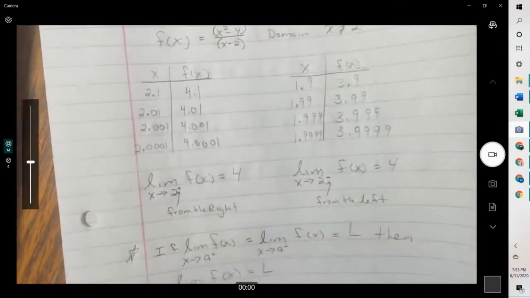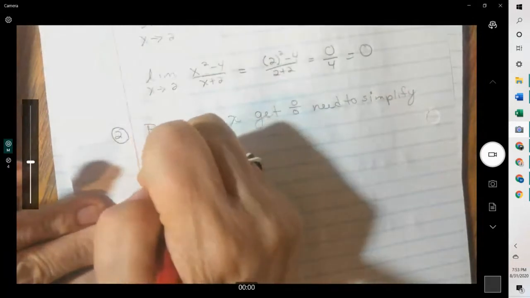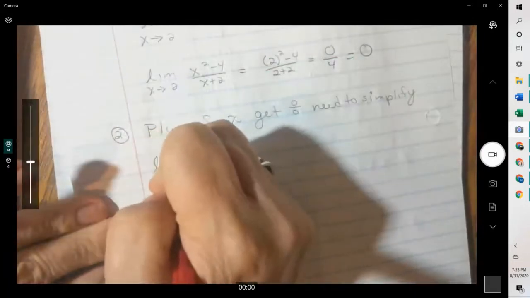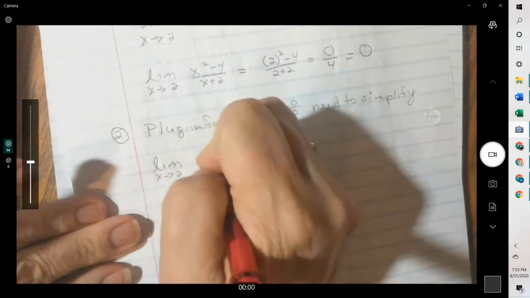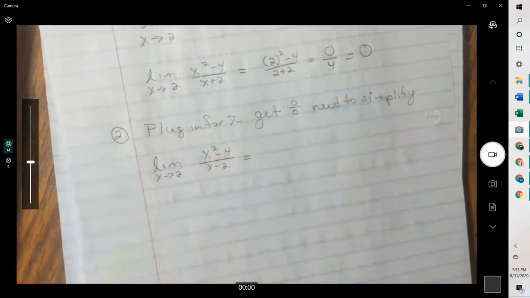What was the one we started with? x squared minus 4 over x minus 2. So the limit as x approaches 2 of x squared minus 4 over x minus 2. And what happens when we plug the 2 in?